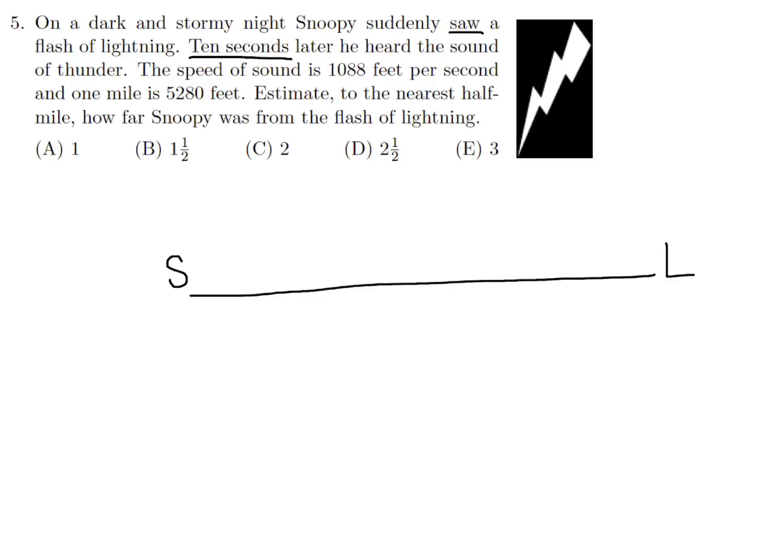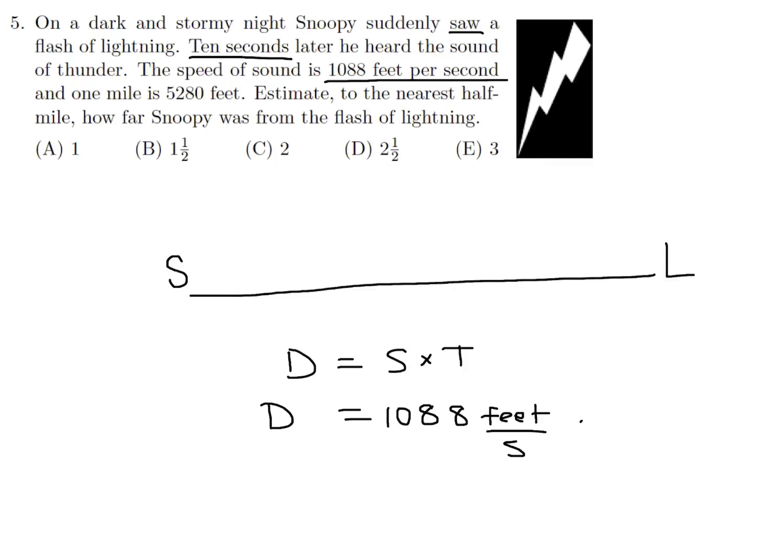Well, there's a standard formula, right? That distance is basically the speed times the time. So they want us to figure out the distance. The speed is 1088 feet per second. And the time that it takes for him to hear the sound is 10 seconds.